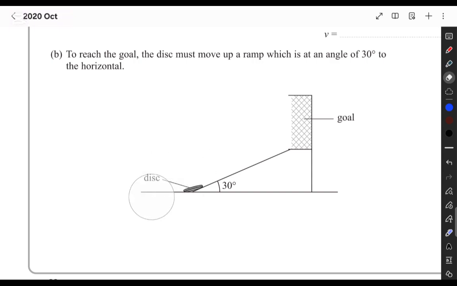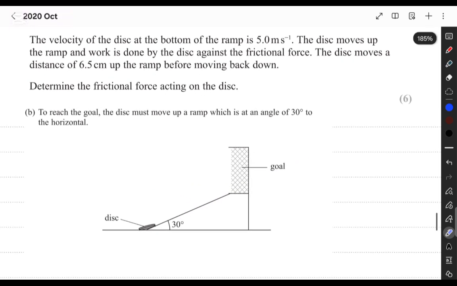So basically we have a disk and the disk is moving up this inclined plane, and the inclined plane is at an angle of 30 degrees. Let's see what the question says to us. It says that the disk is at a velocity of 5 meters per second, and the disk will move up this ramp.